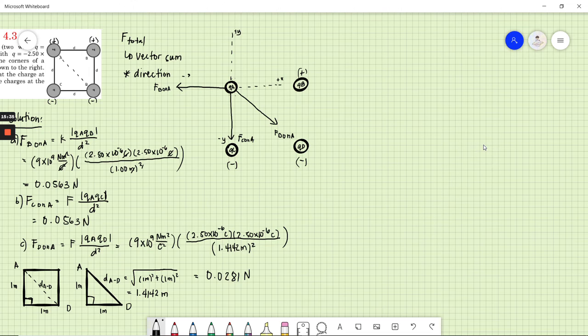Simple, we have to do the component part. I'm going to write forces here, then horizontal, and then vertical. Okay, so let's first look at the force.